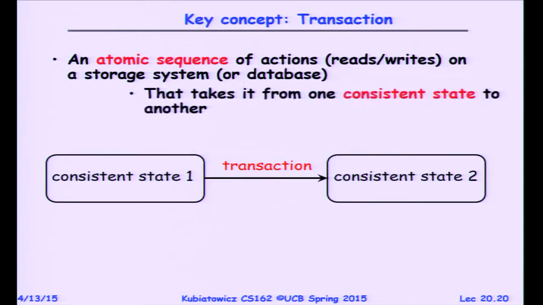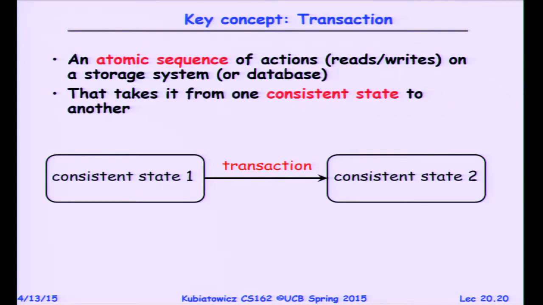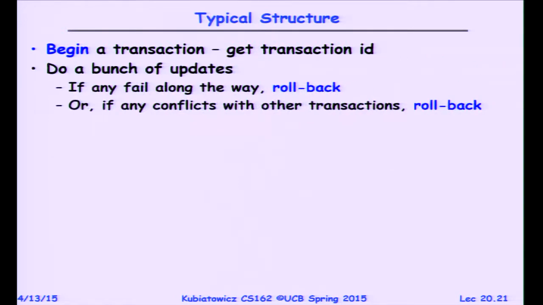So the idea here is that a transaction takes things from one consistent state to another. Typically you see this: begin transaction, do a bunch of stuff, and this bunch of stuff, by the way, can discover failure. It could be that while you're doing your stuff, you say, oops, I fail, in which case you roll back, and no matter what you were doing, it's undoable.